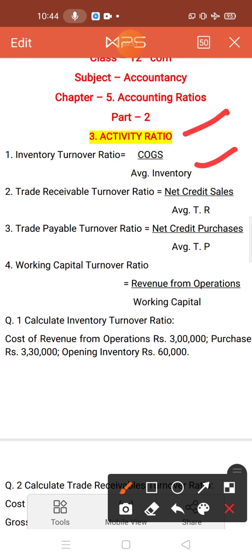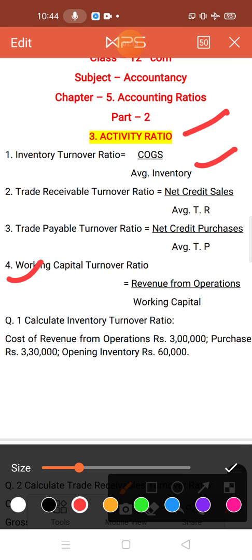The third is trade payable turnover ratio. The formula is net credit purchases upon average trade payable. The fourth one is working capital turnover ratio. The formula is revenue from operation, it means net sale, upon working capital. So start with the first one.